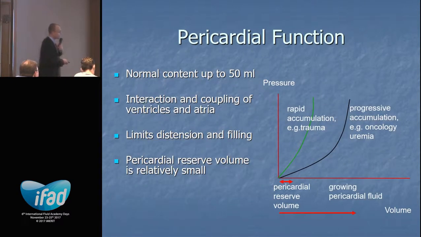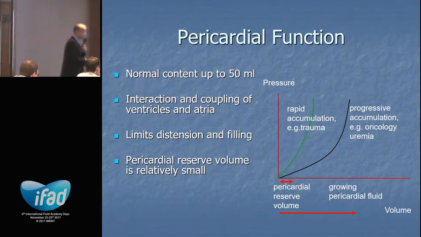So normally, pericardium contains up to 50 mils of volume, and there's some very small pericardial reserve volume. If you have growing of the pericardial fluid, you get actually the typical loss of compliance curve, that with the accumulation of volume, you get a rising pressure. And if it's slower, as in case of oncology or uremia, you get a slower adaptation to a high amount of fluid.